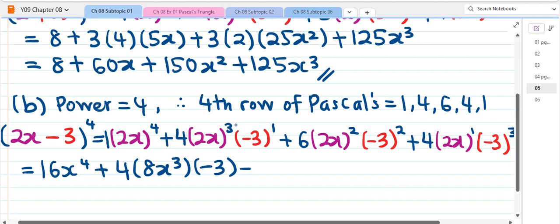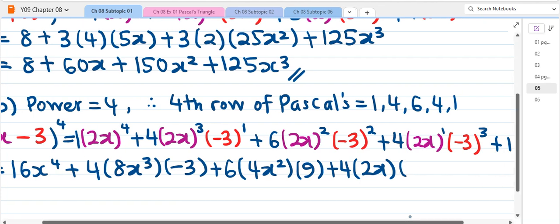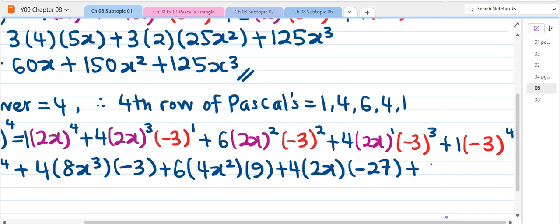And then the next term is going to be 6. 2x to the power of 2 is going to be 4x squared, and then negative 3 squared is 9. And the next term is 4 bracket 2x, and negative 3 to the power of 3 is negative 27. And for the last term, 1 times negative 3 to the power of 4 is a positive 81.